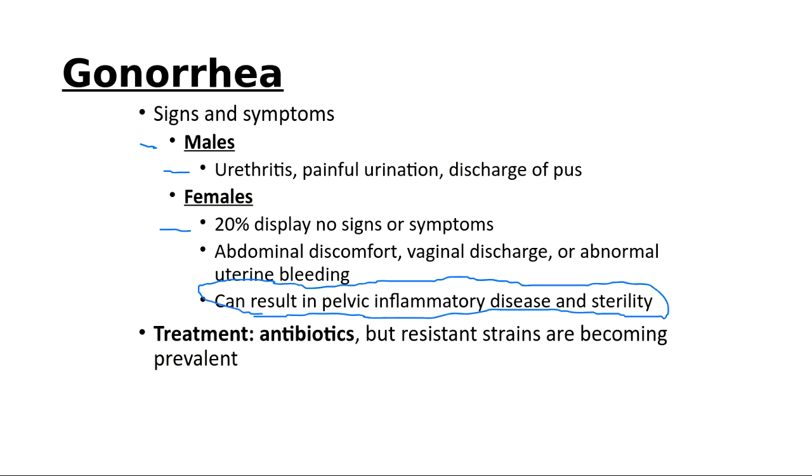But the worst thing is that within the fallopian tube, we'll make this be a fallopian tube here, this is where your fertilization takes place. If you've got scarring here, this is going to be our uterus side, this will be the ovary side. And so we have scarring in here.